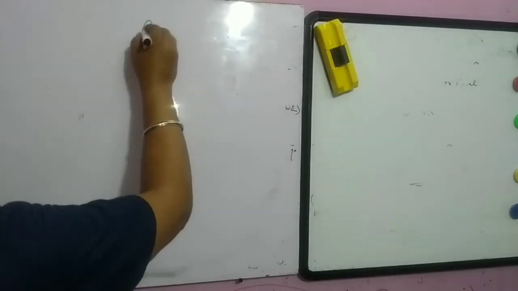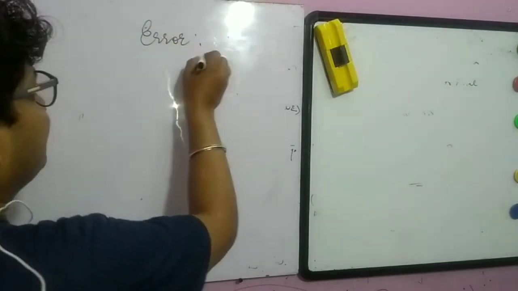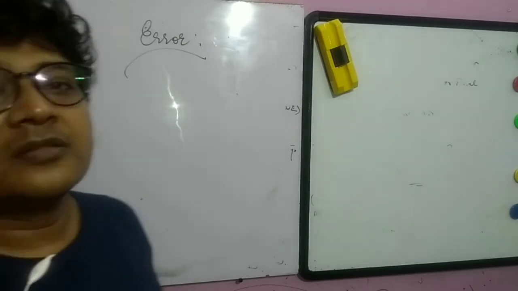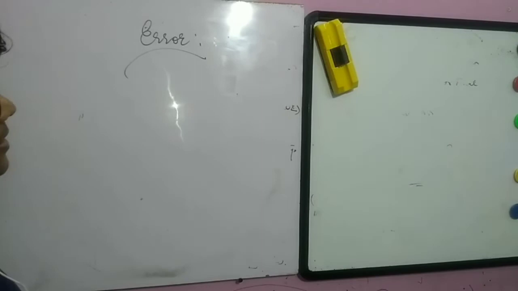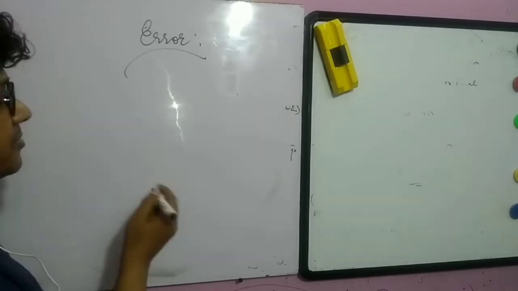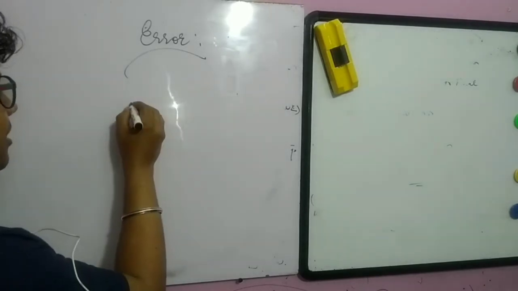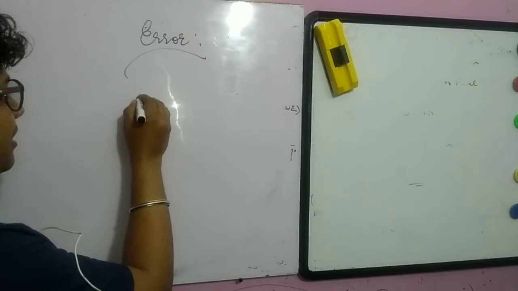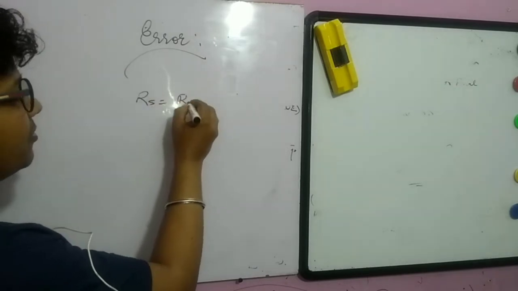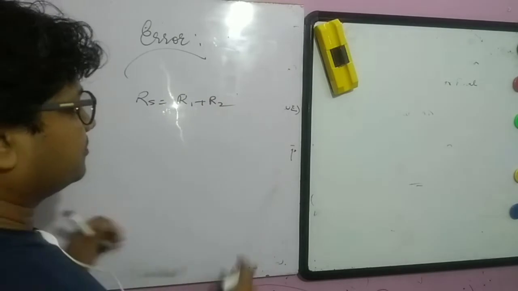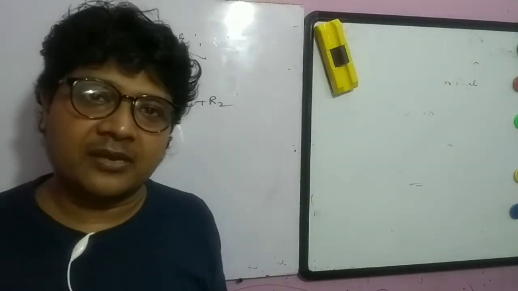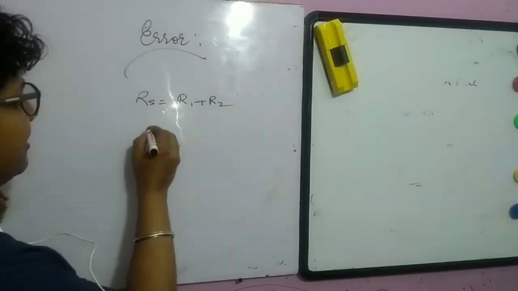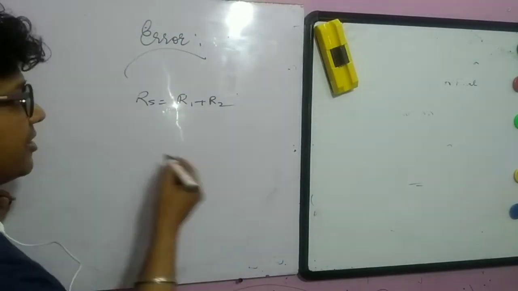So this is error, fine. Suppose we have R series is equal to R1 plus R2. R1 and R2 are 2 resistors and we have to find out the error in this. So what we can write, we will differentiate it, right?